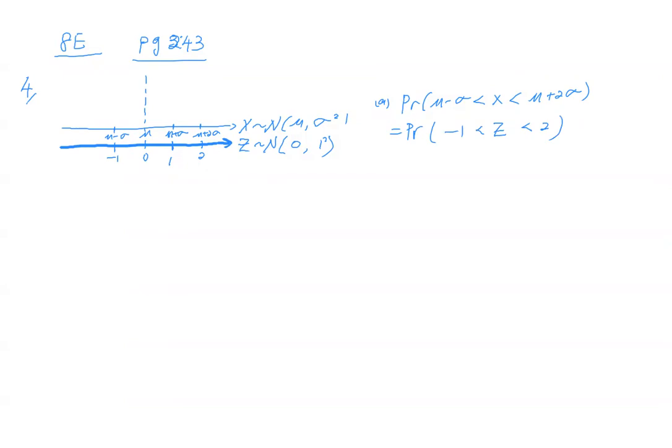Or if you want, you can also apply the formula. When you apply the formula, it will be mean minus 1 standard deviation minus mean, divided by standard deviation, how you get -1. That is your corresponding z-score. Are you okay?